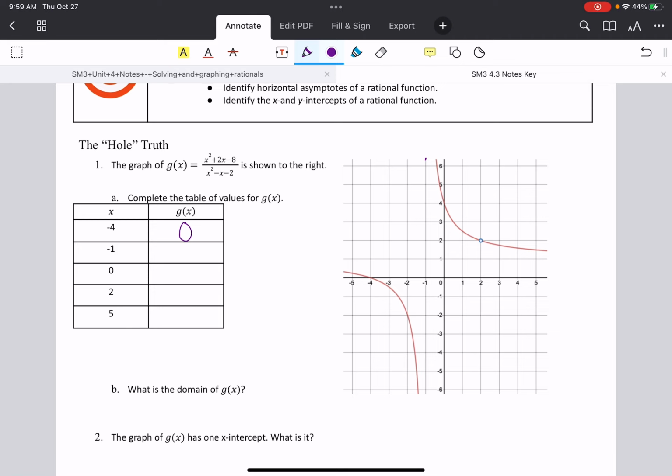And I plugged in negative 1, and it said negative 46. Yeah. I'm hearing error. What is the vocab word for error? Undefined? Oh, because it's the what? Excluded value. Oh, negative 1 is an excluded value. Or an asymptote. Okay, cool.